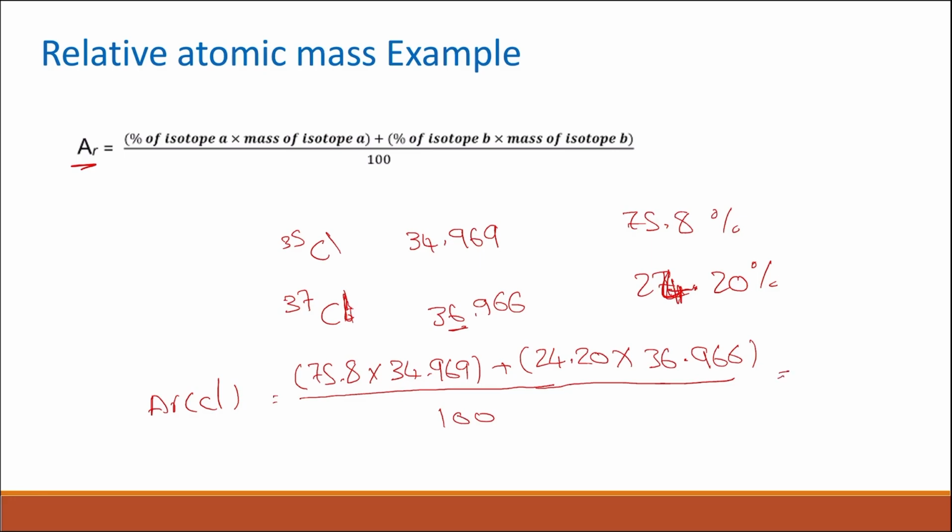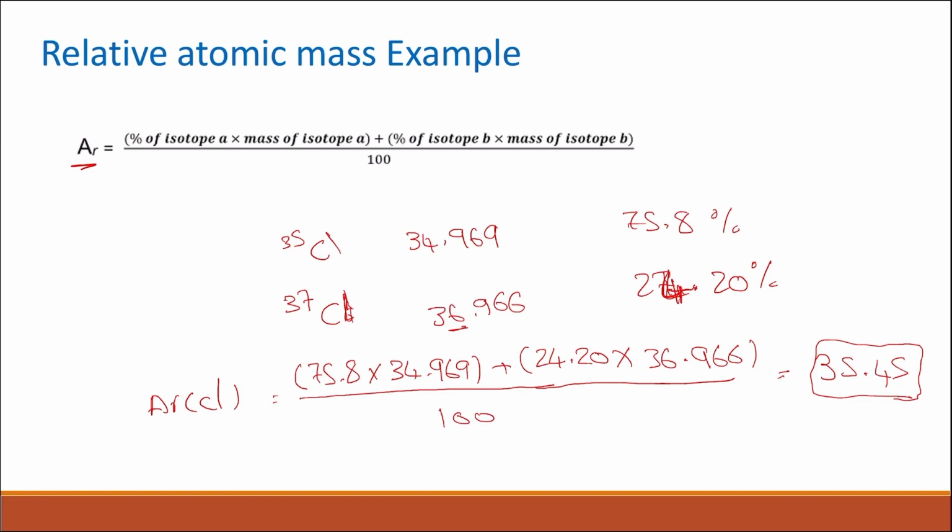If you do your calculation, you're going to find that the relative atomic mass of chlorine is 35.45. So in the periodic table, under chlorine, you're going to find this atomic mass, and you're not going to find it as 35 or 37. This is called the relative atomic mass.